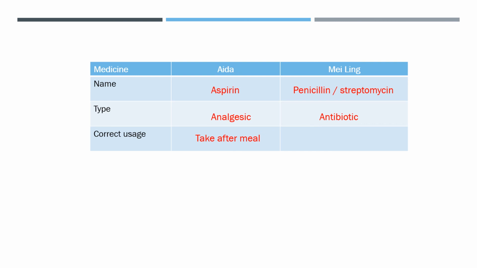Doctor asked Mei Ling to follow the prescription strictly, so Mei Ling must complete the full course of the antibiotic prescribed. This is to make sure all of the bacteria in Mei Ling's body is killed completely. This is to prevent the remaining bacteria from developing into resistance towards antibiotics.